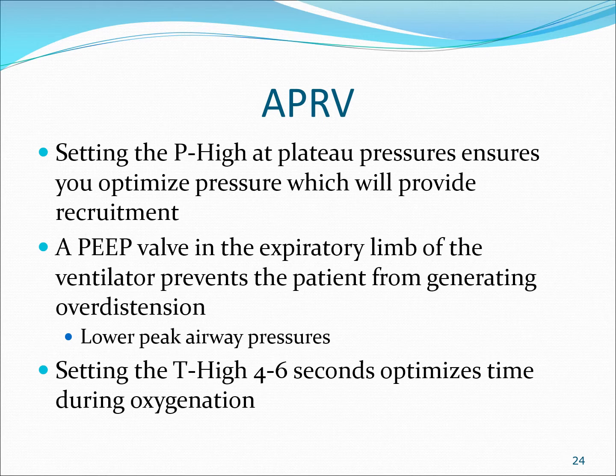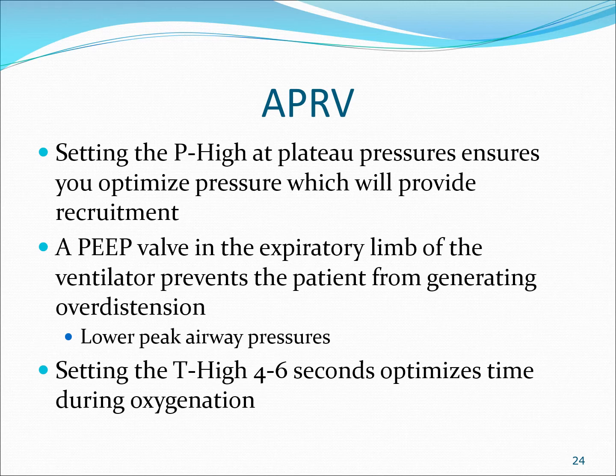Also, you could do plus 2 above your plateau pressure, but we'll get into that a little bit later. A PEEP valve on the expiratory limit of the ventilator prevents the patient from overdistension. This is a very, very important part of how APRV works, that it doesn't overly distend the lung. So this results in lower peak airway pressures.